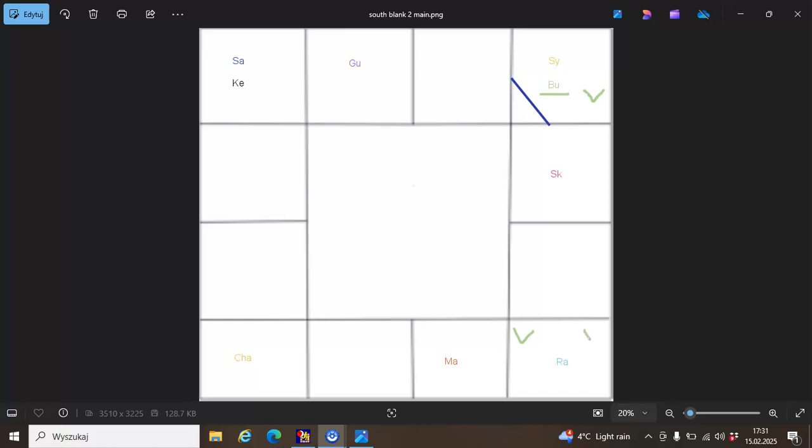So we count from Kanya 1, 2, 3, and then we end up in Mithuna, where we found the owner of the sign of Virgo, which is Mercury or Buddha. So our Mahadasha of Virgo or Kanya will consist of 4 years.